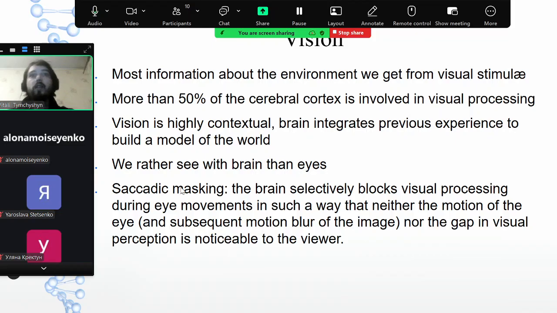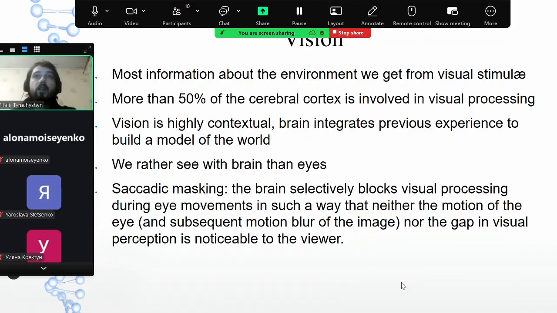Moreover, even right now, when you are looking at the screen or anywhere, our eyes are moving, more or less to the left, to the right. And the question is, why don't we see any blurriness? The thing is that there is so-called saccadic masking.